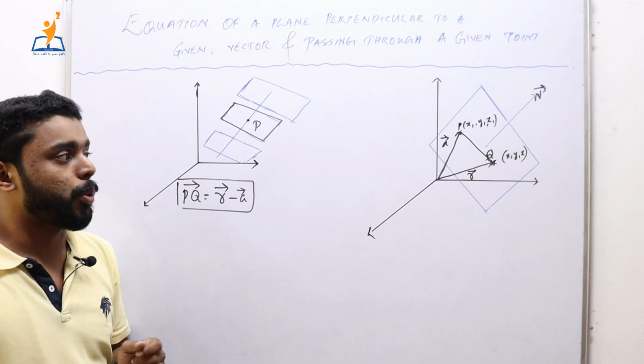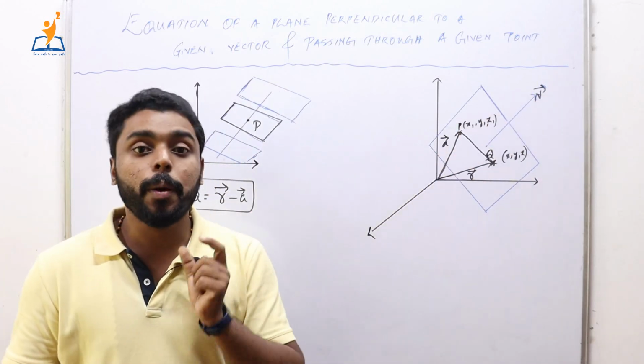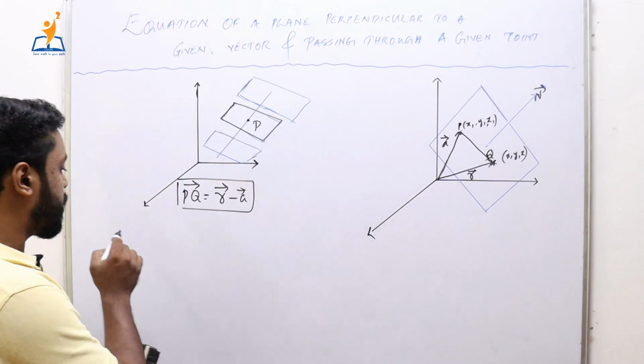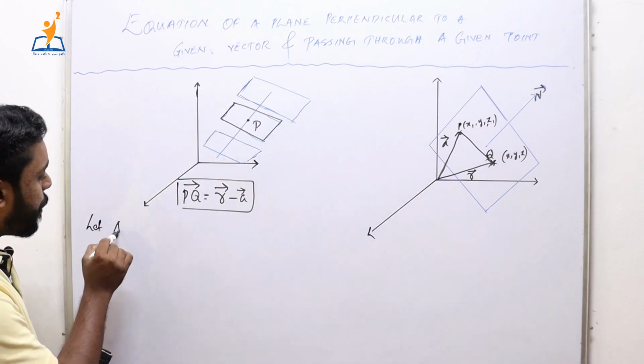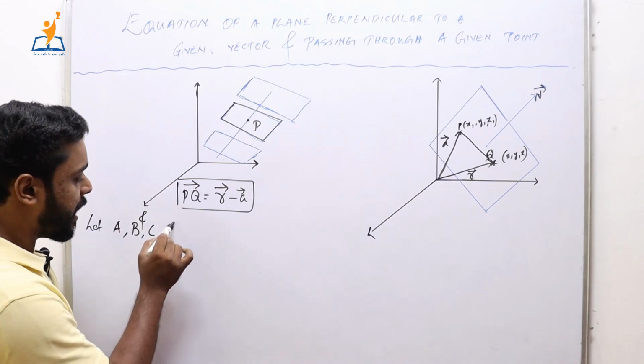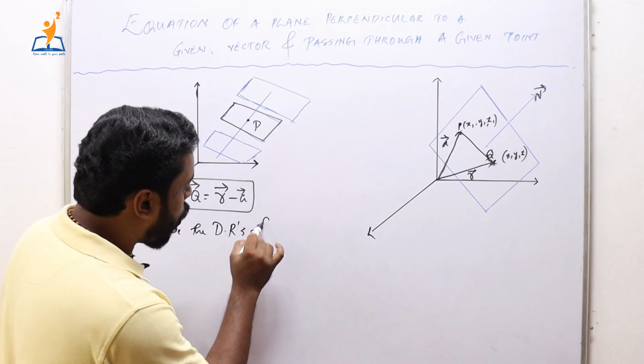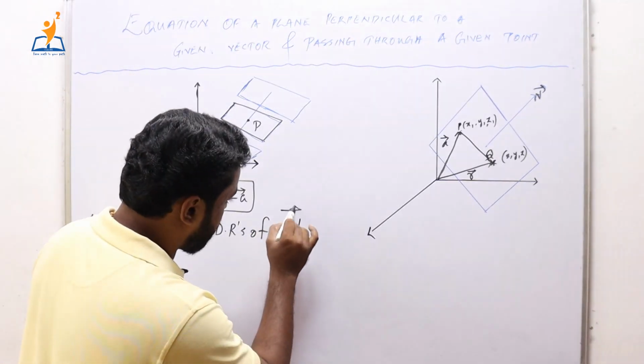So we have PQ. Now we know that n is a vector perpendicular to the plane. Let capital A, capital B and capital C be the direction ratios of vector n.